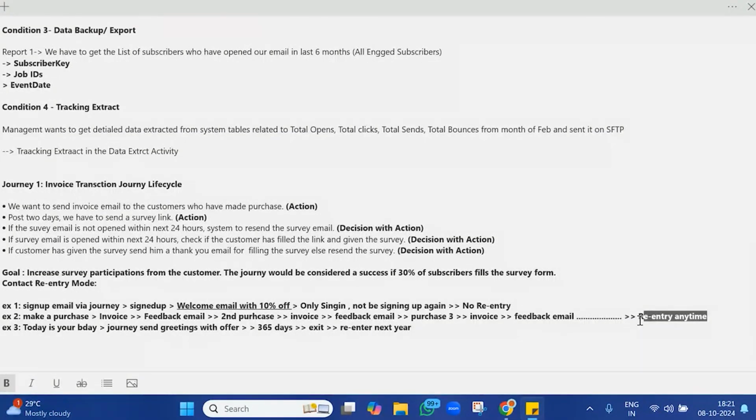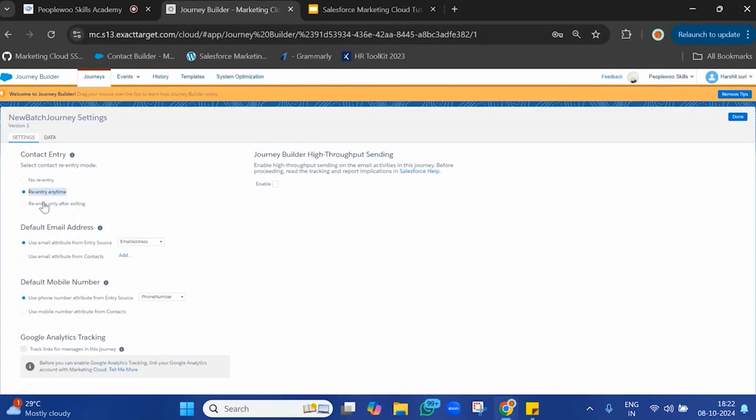You will only enter once, complete 365 days in the journey, exit, and then again after 365 days you would enter, complete 365 days, exit, and then enter the journey again. That means the mode of the journey should be re-entry only after exiting.